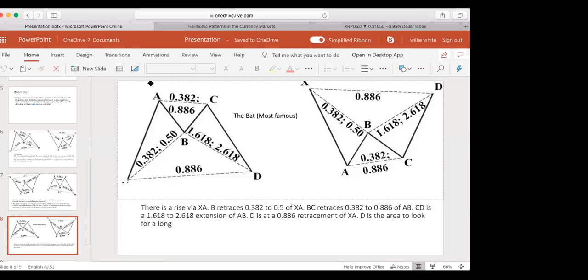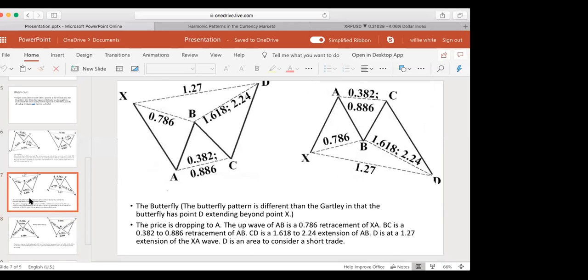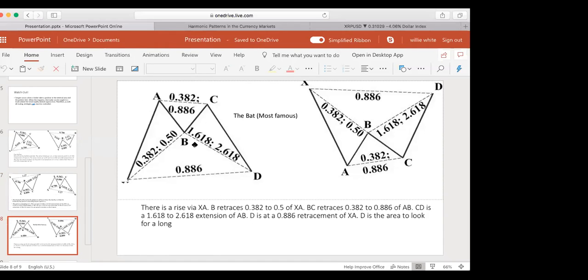But B retraces to 0.382 from A. BC retraces to 0.382 to 0.886. When you look at these numbers, all of them are almost exactly the same. Because if you look at the butterfly, you have 1.618 and then 0.382.